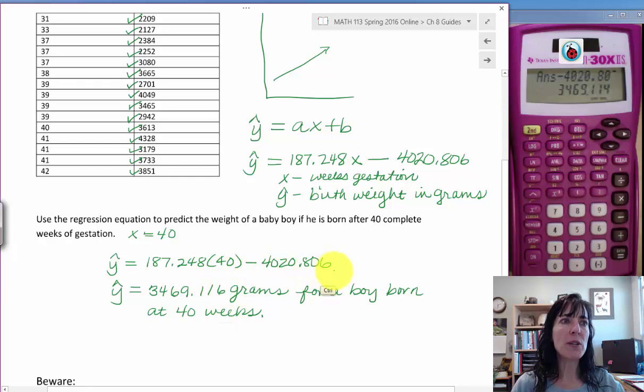So with my rounding that I did here, I'm going to be off a slight bit from those exact values that were sitting on my calculator. I'm okay with that. You probably will just want to round a little less, like 3469.12, and be done.